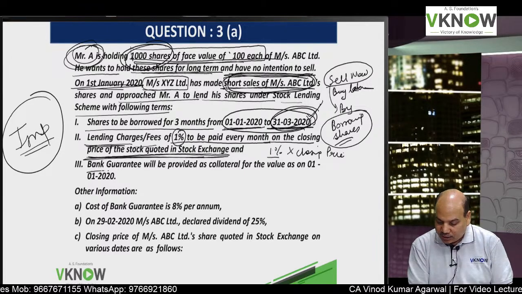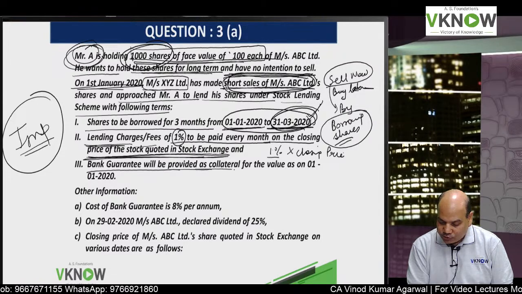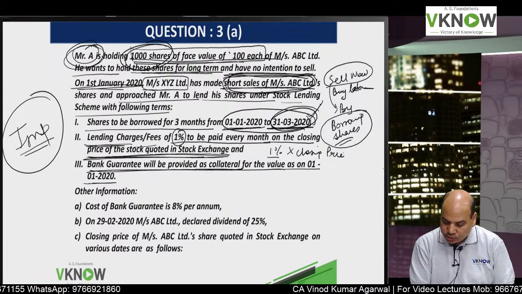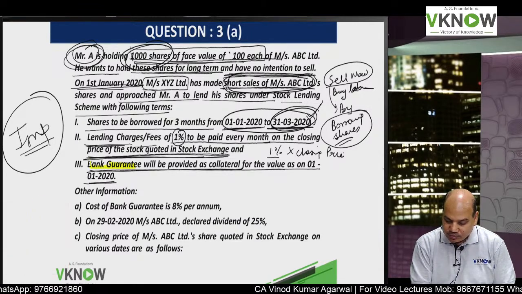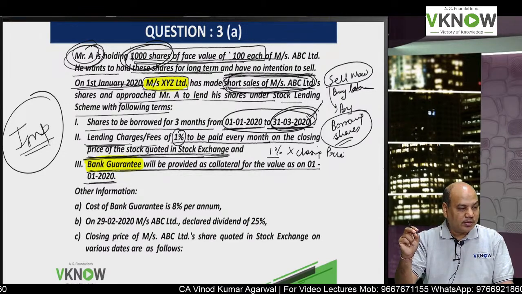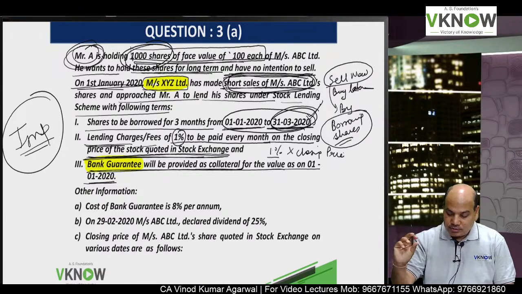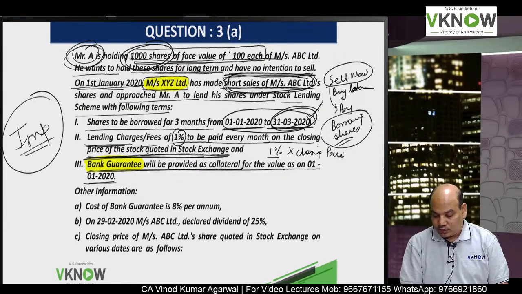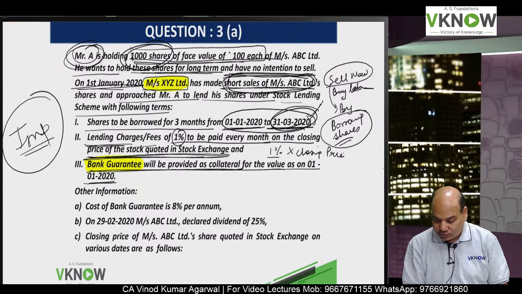Now next is bank guarantee will be provided as collateral for the value as on 1/1/2020. Who will provide bank guarantee? Bank guarantee will be provided by XYZ. So therefore XYZ will have to pay to the bank the guarantee fees also.